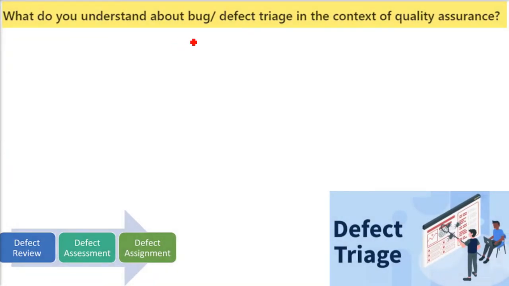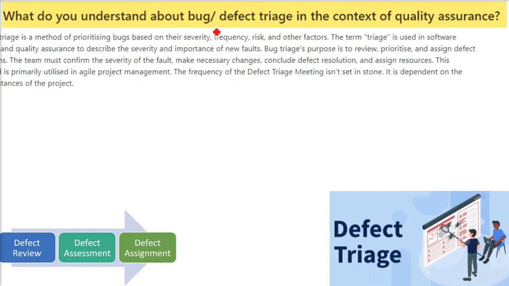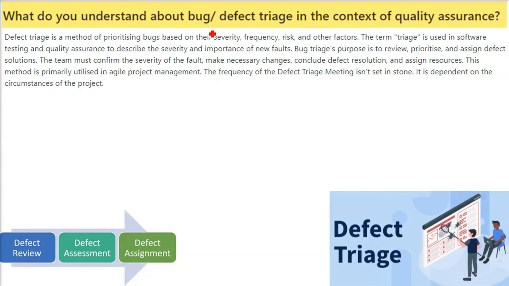What do you understand about bug or defect triage in the context of quality assurance? Bug, defect, flaw, problem. In defect triage, the defect or the problem is reviewed. Then this defect is assessed. There is a proper assessment being done.